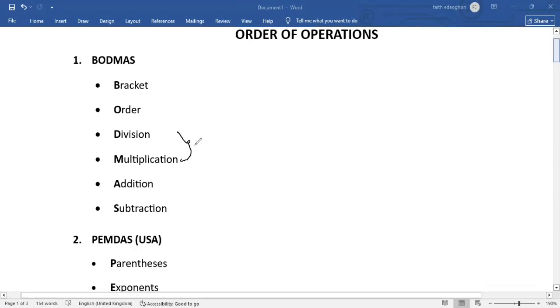Now, division and multiplication, either one can come first. It depends on which one comes first in the equation. For example, if you have something like 5 times 12 divided by 2, you're going to do your multiplication first, 5 times 12, before you do the division.